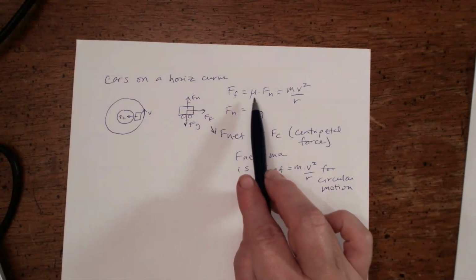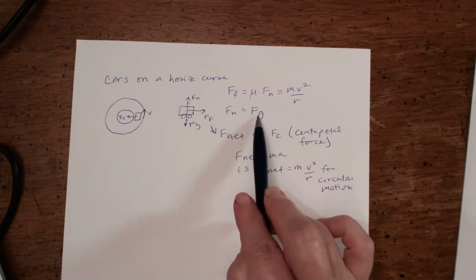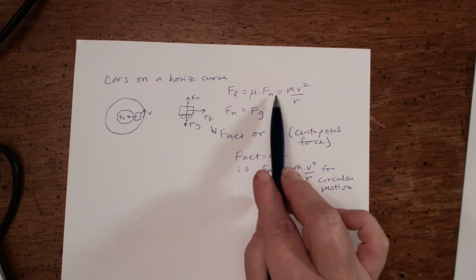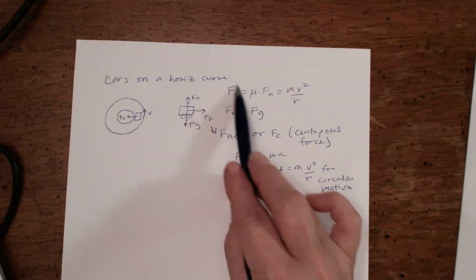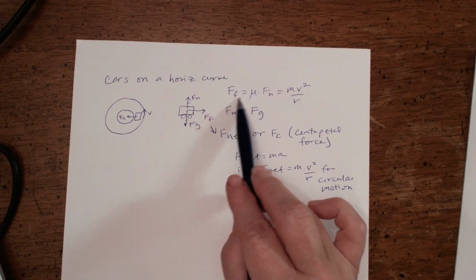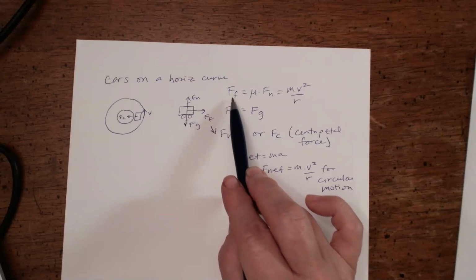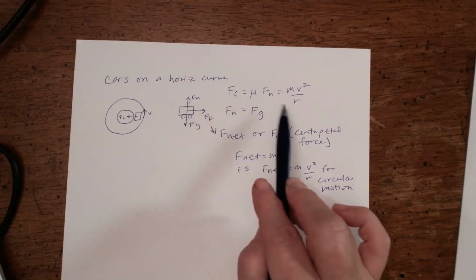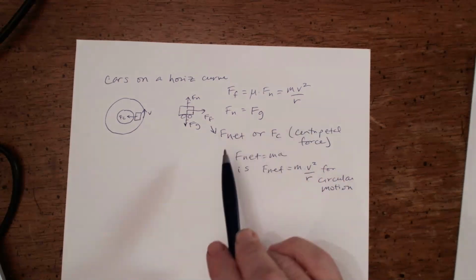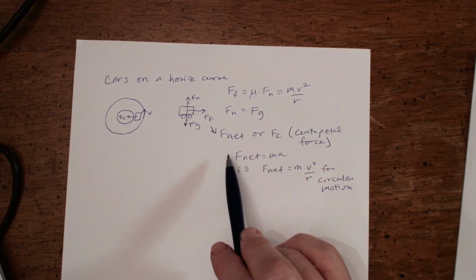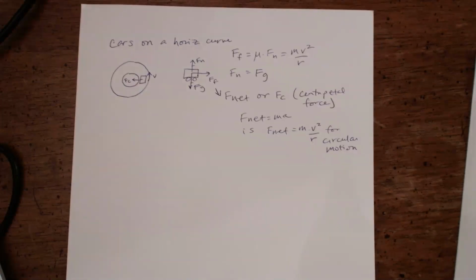What is force of friction equal to, how normal force and force of gravity relate to each other, and remembering that this is basically our F net, our centripetal force. This is the vector sum of all our forces that are causing our object to accelerate, and that's equal to mass times acceleration, which is v squared over r. So take that, look at your car problems, and see if that helps.